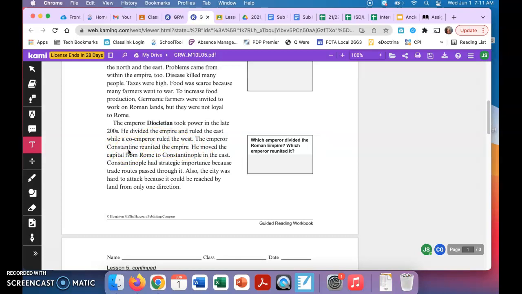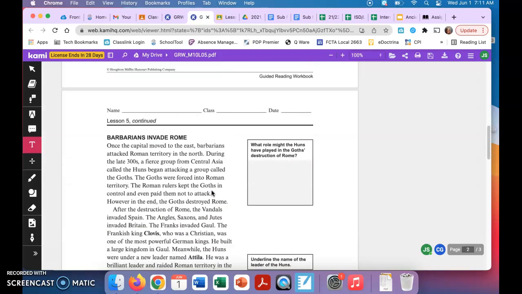The emperor Constantine reunited the empire. He moved the capital from Rome to Constantinople in the east. Constantinople had strategic importance because trade routes passed through it. Also, the city was hard to attack because it could be reached by land from only one direction.